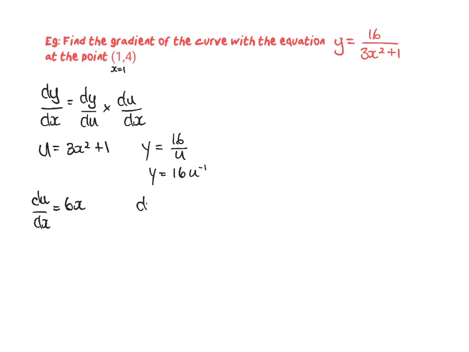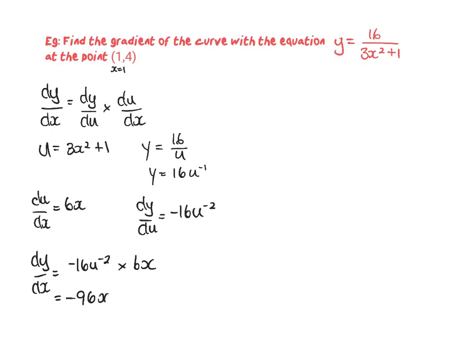And I can find dy/du, which would be negative 16u to the negative 2. And dy/dx is when we times those two together. So I get negative 16u to the negative 2 times 6x, so I end up with negative 96x u to the negative 2.